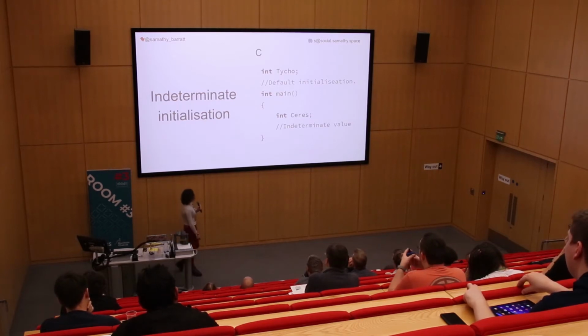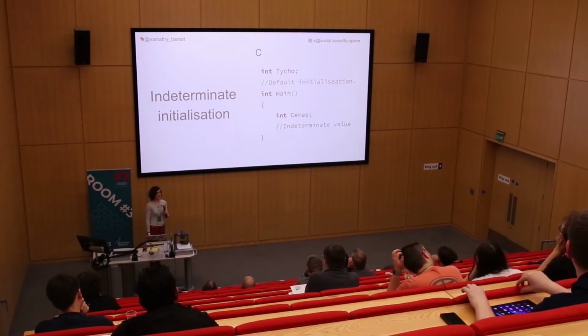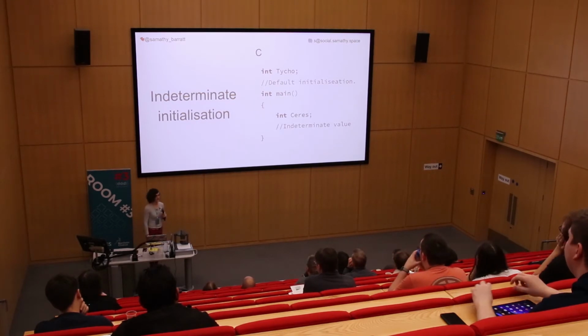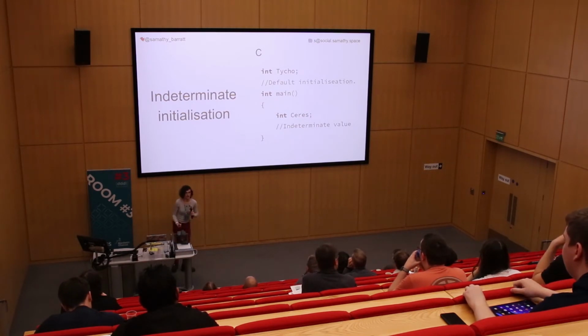However, if you define your variable series inside the scope of main, that is indeterminately initialized. So it just contains some garbage, basically. It doesn't contain an integer. Well, it contains things, but it's just garbage.